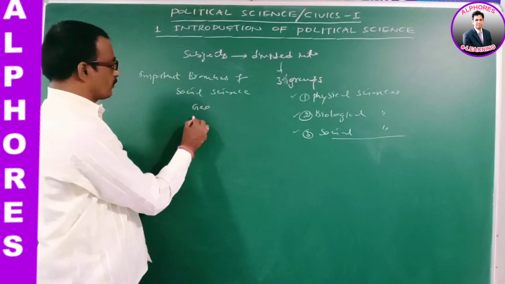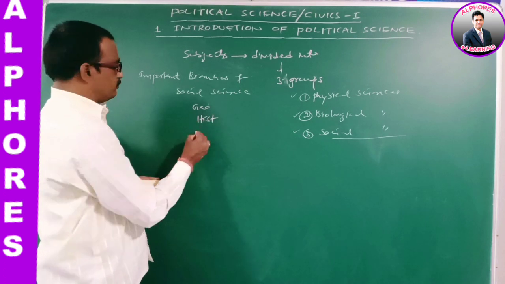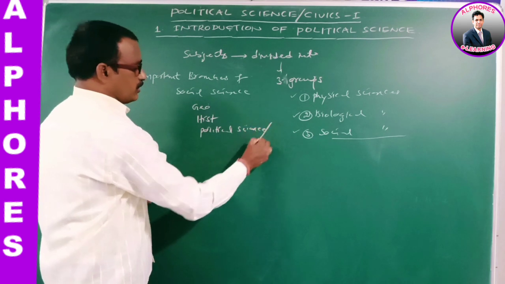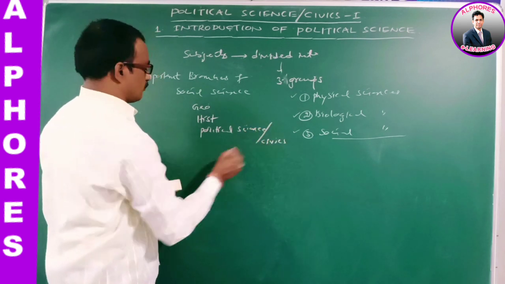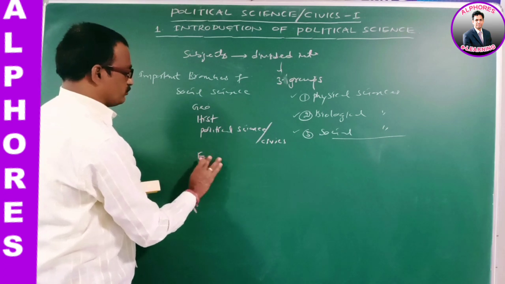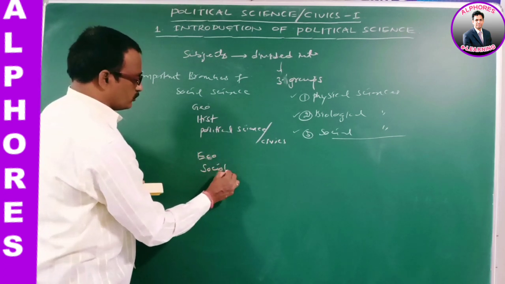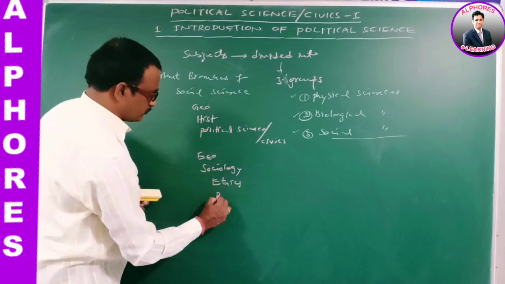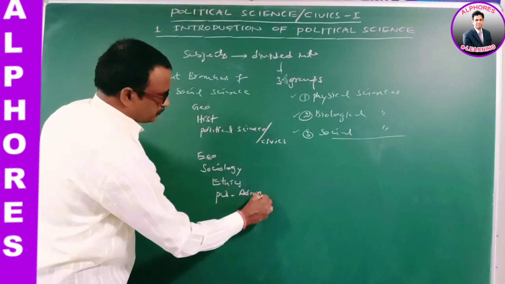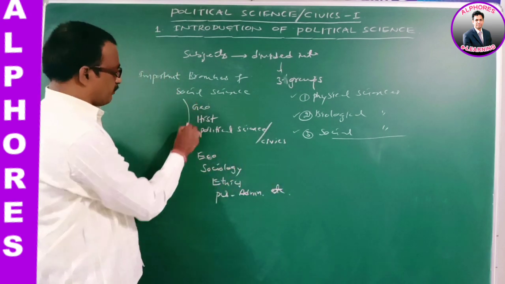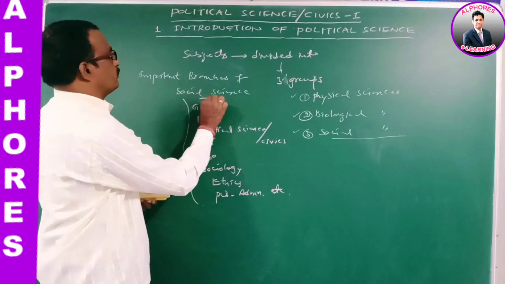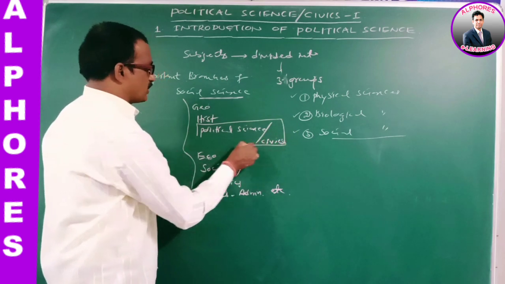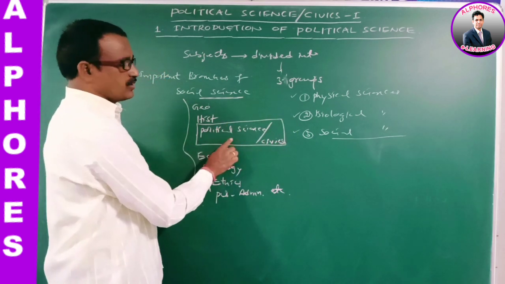Geography, history, political science or civics, economics, sociology, ethics, public administration, etc. So these are the various important branches of social science. Political science is one of them. Our subject is political science.